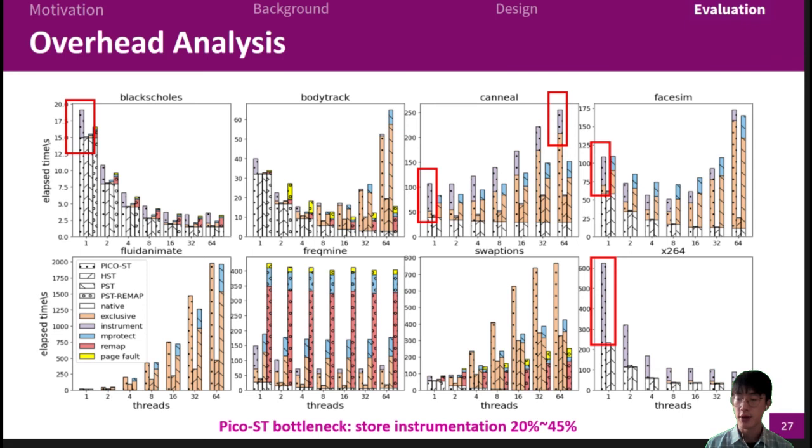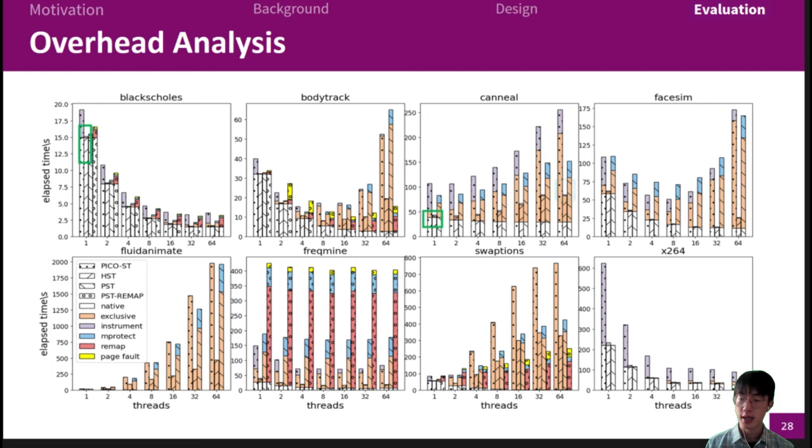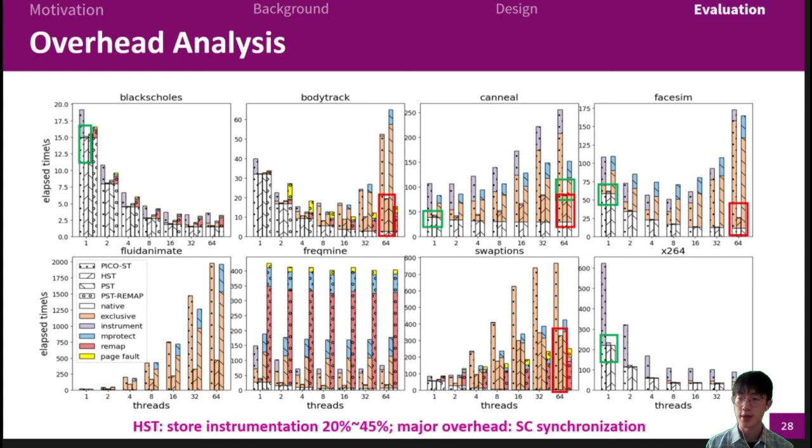The standard exclusive monitor instrumentation introduced 20% to 45% overhead, no matter how many threads or how many LLC instructions there are. For the HST solution, the store instrumentation overhead is reduced to less than 5%. However, since the store conditional introduces synchronization between threads, it could introduce large overhead when there are too many threads.